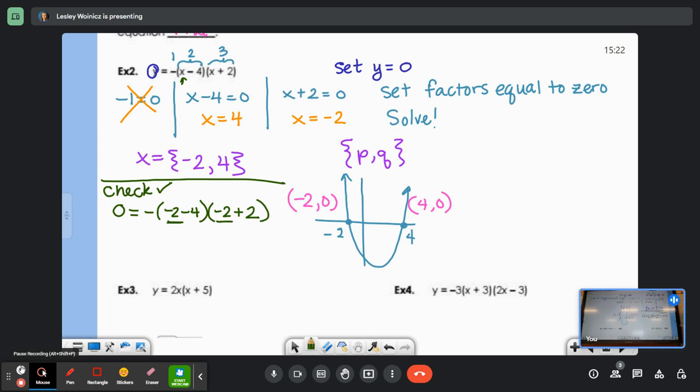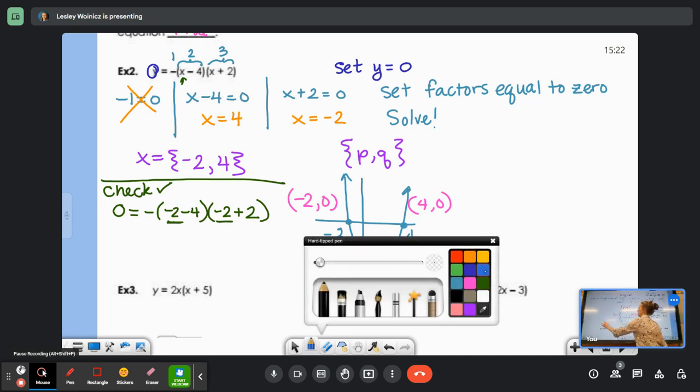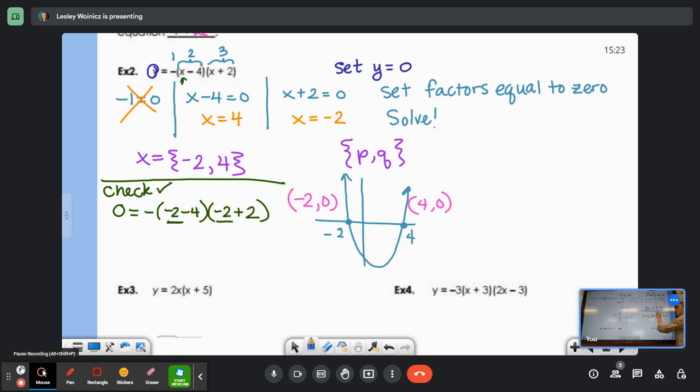So negative 2 minus 4, what's that? Negative 6. And negative 2 plus 2? 0. Why is that important? Because no matter what this is over here, we don't care about these clowns. Anything we multiply by 0 is going to give us 0 and make the equation true. So this one works. It's true.